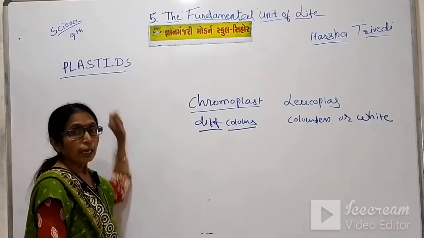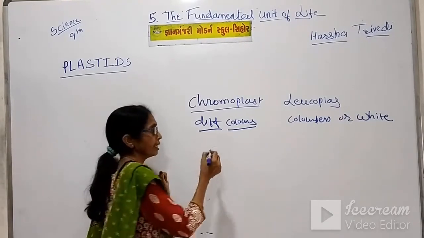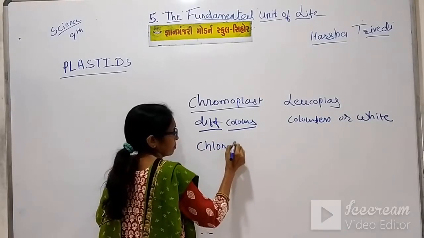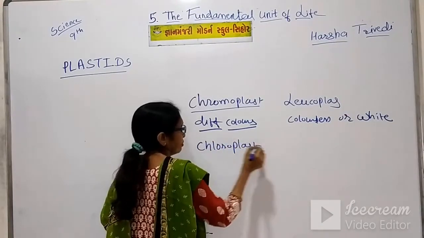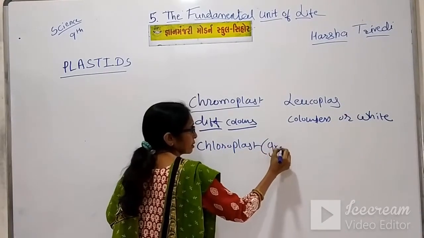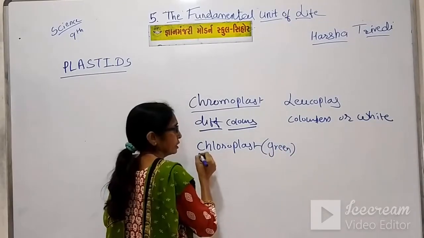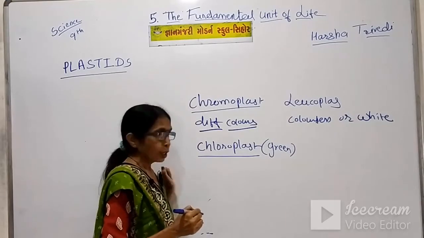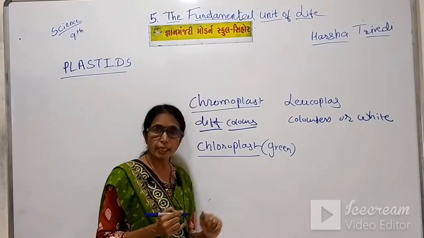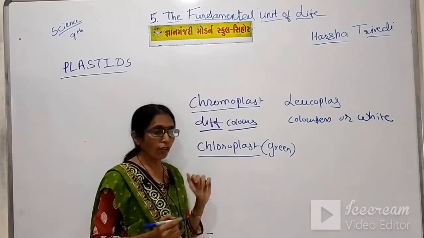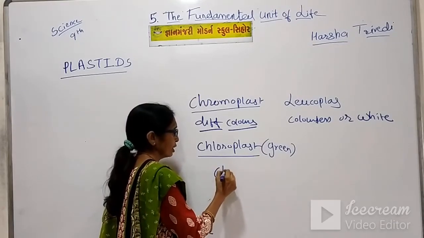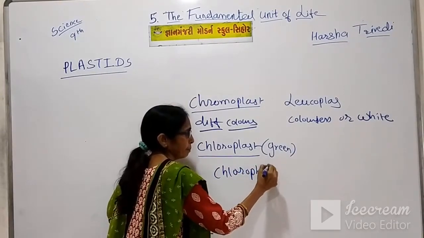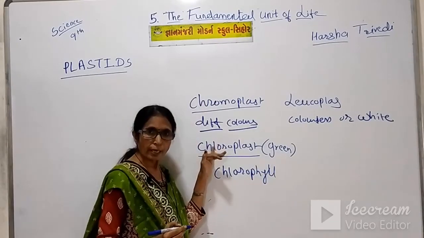Okay students, but if it is green in color, then it is called chloroplast. And we know chloroplast is green because of the pigment chlorophyll present in it.